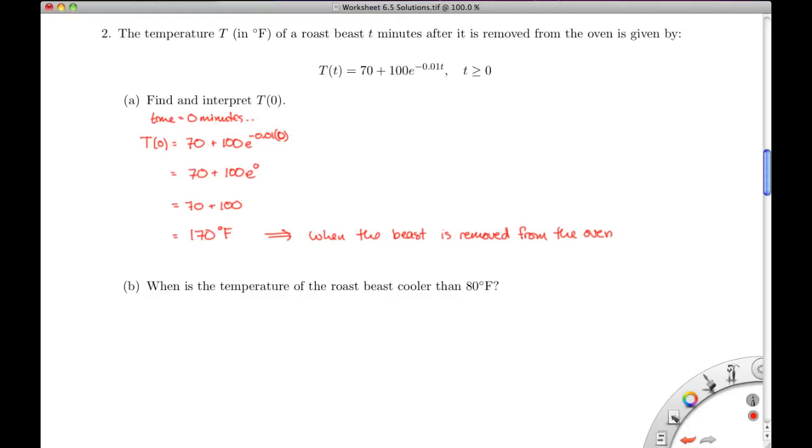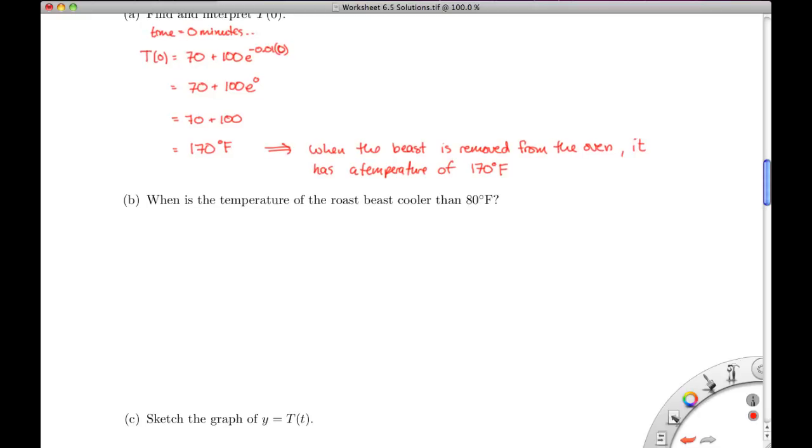When the beast is removed from the oven, it has a temperature of 170 degrees Fahrenheit. Now we could expect that as we leave this outside, it's going to start to cool down.